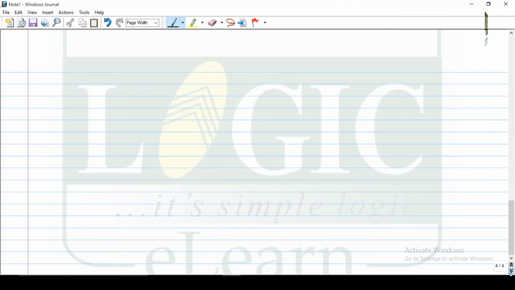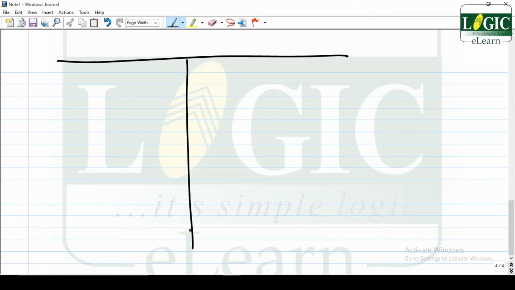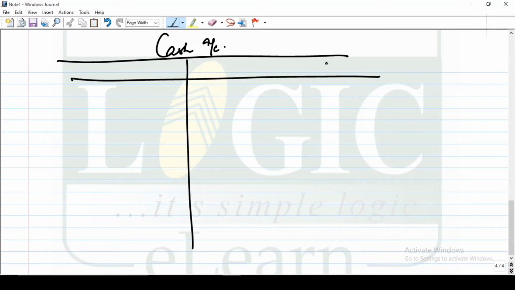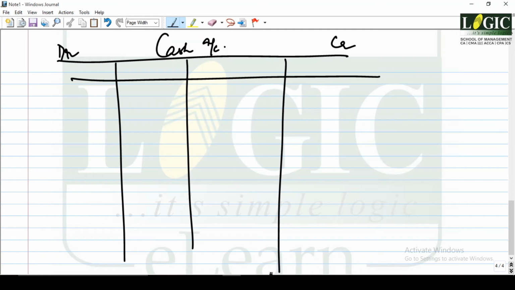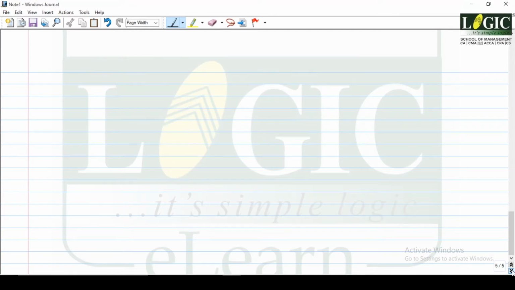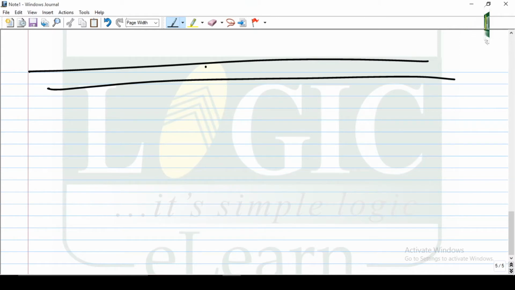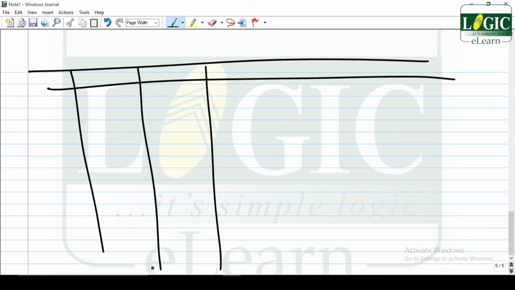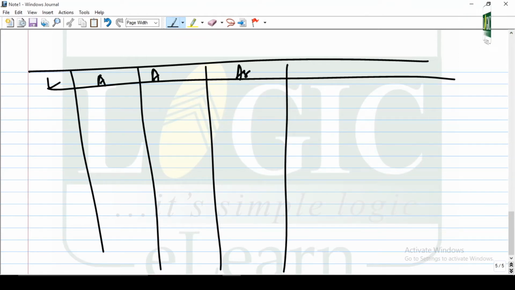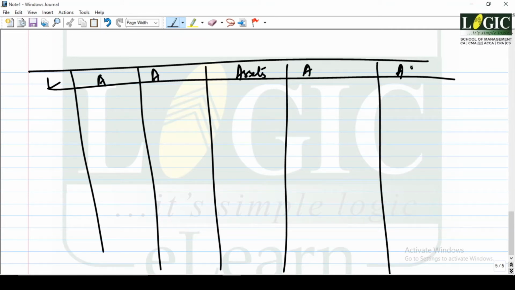Okay, the next one is cash account. Particulars, amount, particulars, amount. And lastly, it is the balance sheet as we used to prepare earlier. That is liabilities, amount, assets, amount.